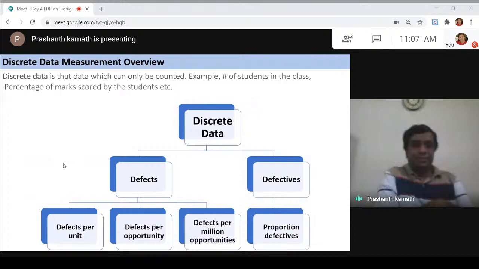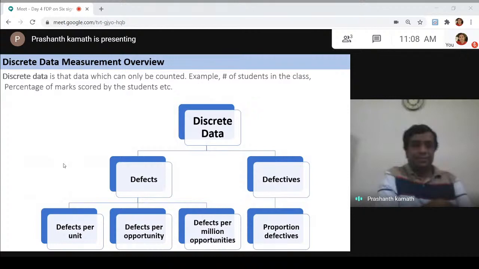All of my 15 years of experience has been in service industry, but I haven't found an area or an opportunity where Six Sigma could not be applied. Okay, so therefore, what you are going to see now in the form of discrete data, essentially the concepts originated in manufacturing environment, but their applicability in other areas is equally possible.